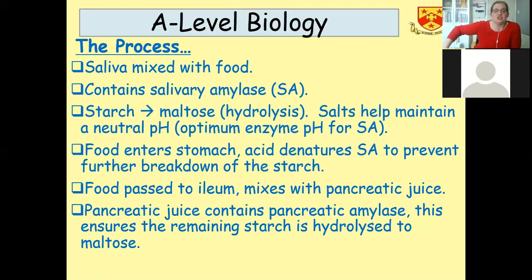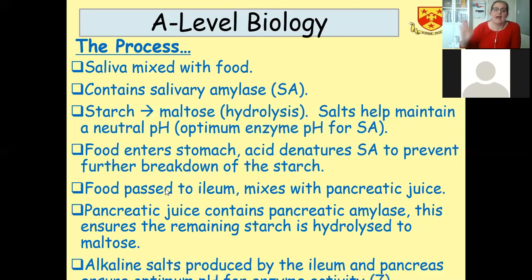The pancreatic juice contains pancreatic amylase, and this ensures the remaining starch is hydrolyzed to maltose. Alkaline salts produced by the ileum and the pancreas ensure optimum pH for enzyme activity, pH 7 again. Often people will call them bile salts. You might have heard them referred to as bile salts, and that's what this is. These salts help maintain that pH 7.